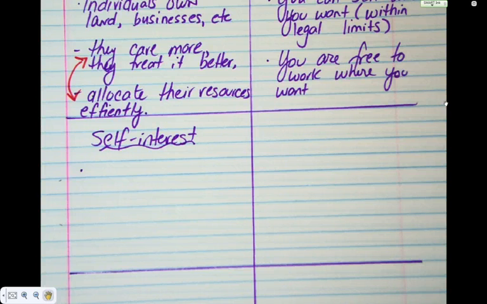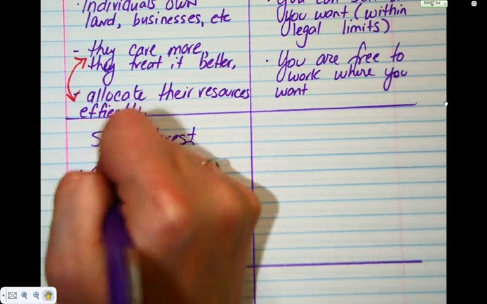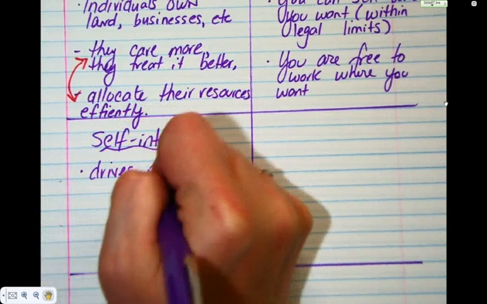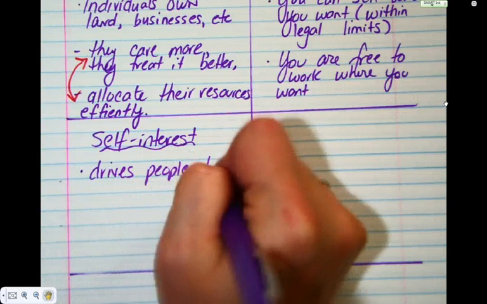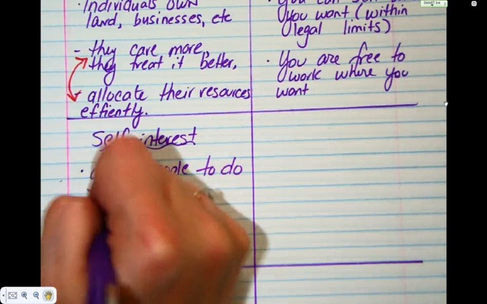Why? Exactly. In our system, if we work hard and put in more hours and work more efficiently, we get more money, right? So there's that self-interest in wanting to do a good job. Self-interest drives people to do the best job possible.